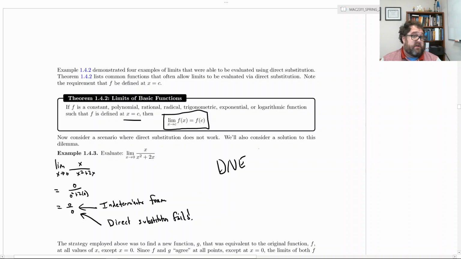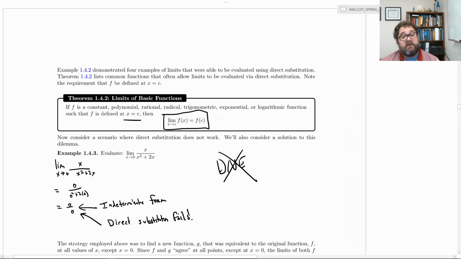Well, that could be the case, but probably not. So don't be tempted to say that just because we found division by 0, i.e. this indeterminate 0 over 0 form, the limit does not exist. That just means we have to do some further investigation.